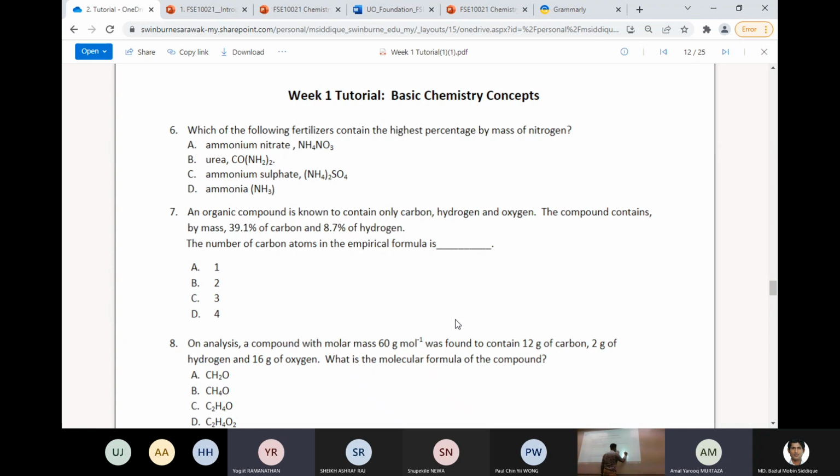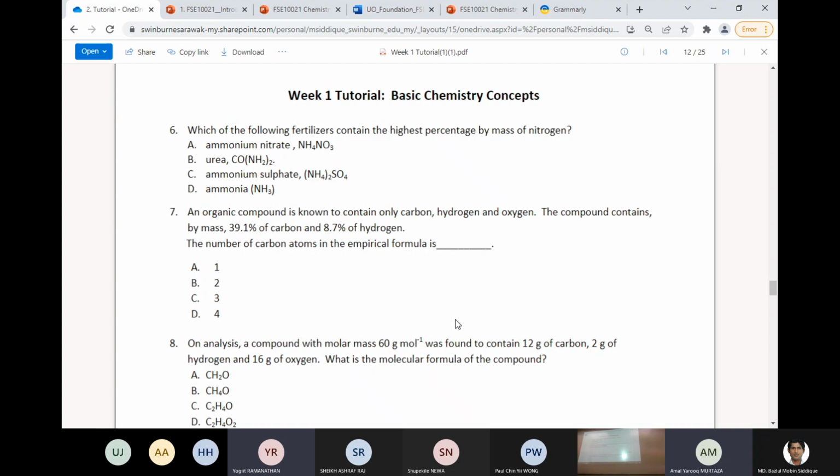So 12 plus 16 plus 28 plus 4 hydrogen, which is 4. I just skip one step here. Nitrogen is 14 plus, 2 hydrogen is 2, times 2, right? So this is how.